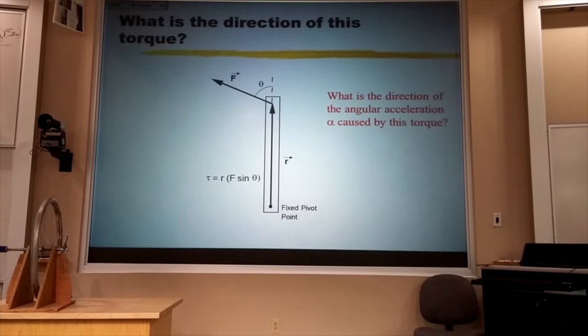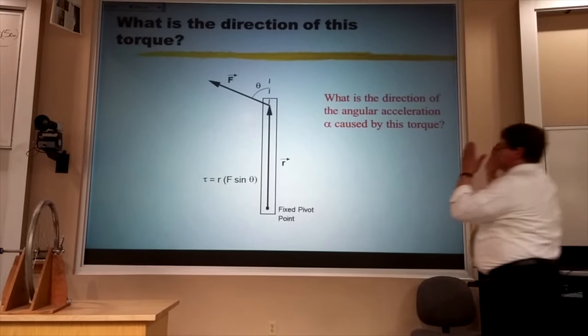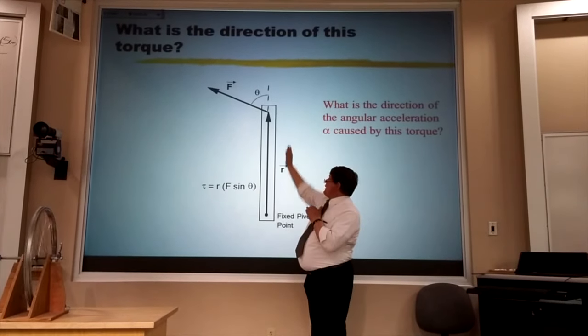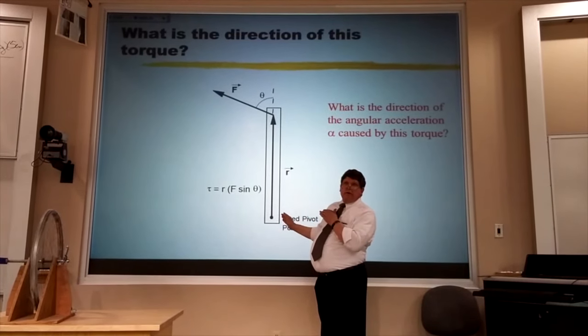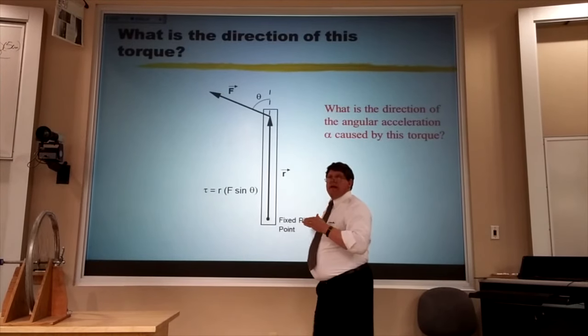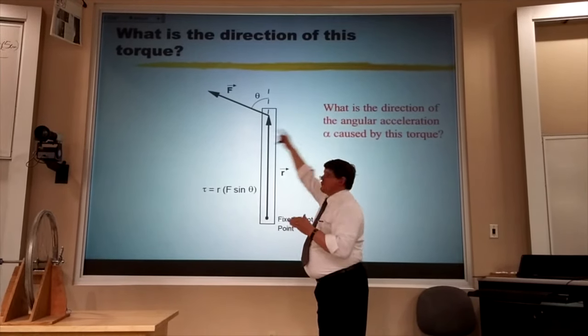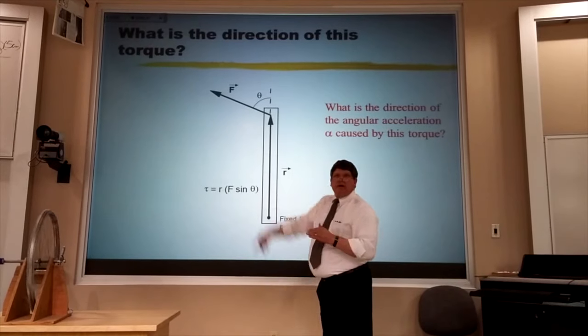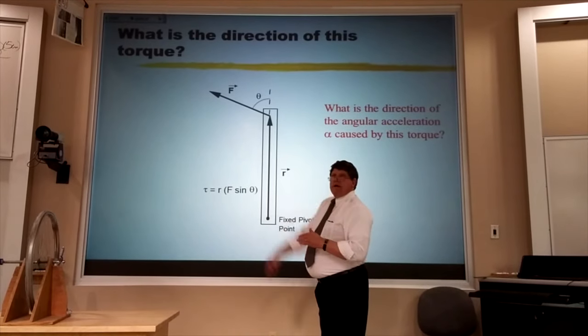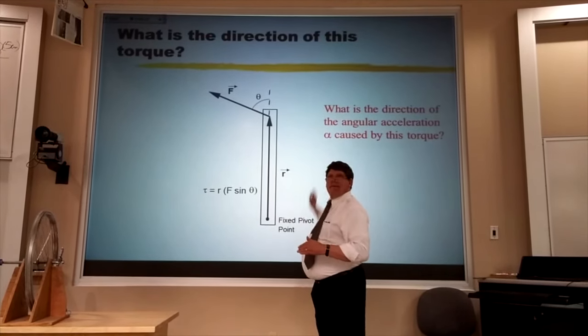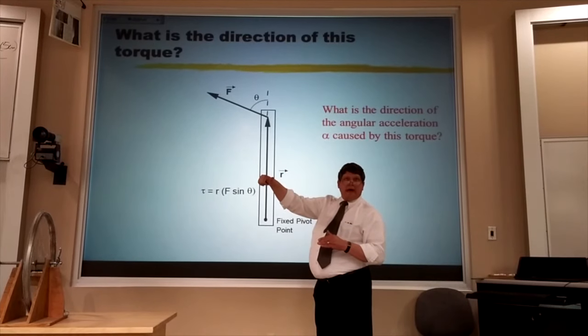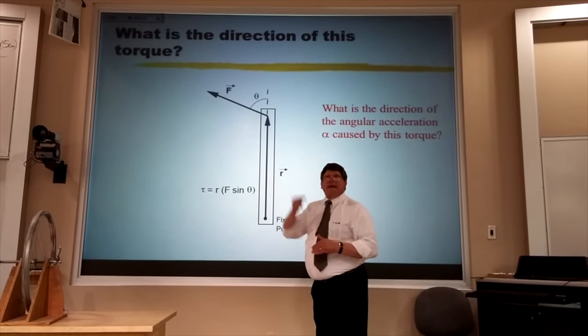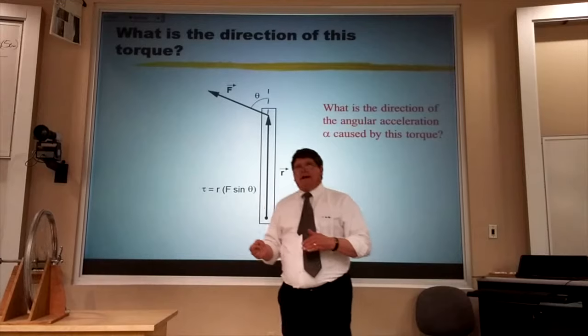Now, if that force were acting always at that angle relative to this vector, this thing would start spinning. It would start spinning counterclockwise. What direction would the omega point? Out of the board. Okay? And if it's spinning up from rest, it's speeding up.